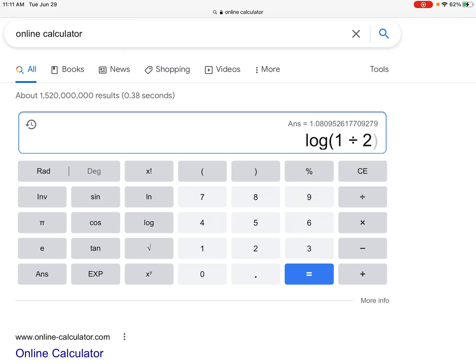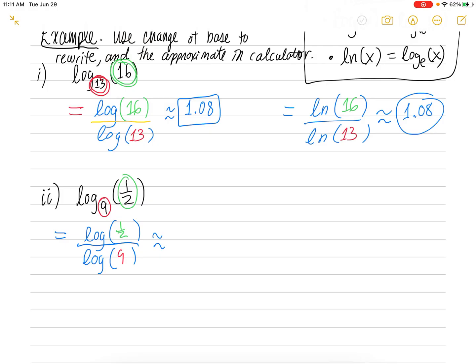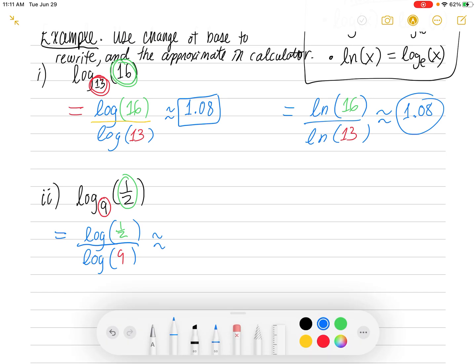Let's plug that in a calculator. Log of 1/2, close parentheses, divided by log of 9, equals, and you get about minus 0.32.